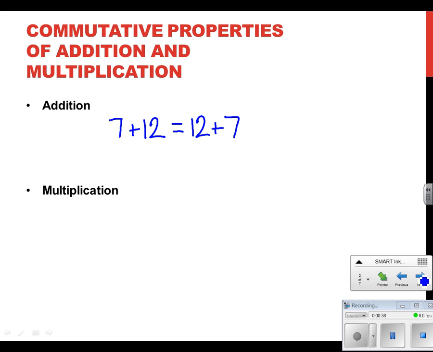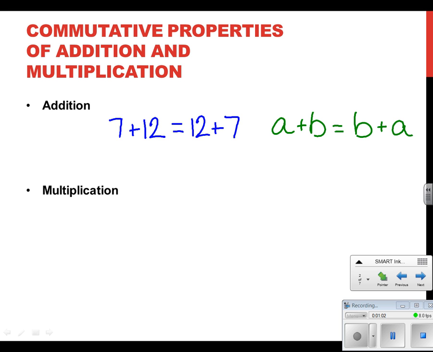Using algebra, A plus B is the same as B plus A. So for any real number A plus any real number B, it's the same if I just change the order and do them B plus A.